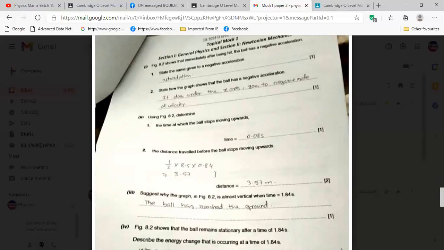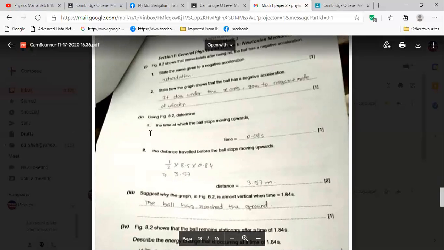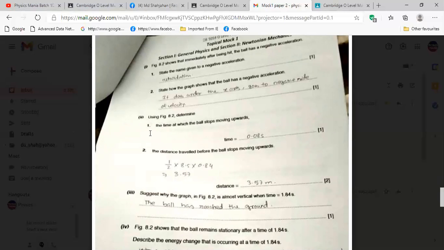Then the time at which the ball stops moving upwards, is it 0.08 seconds? Okay, look, listen. If it is moving upwards, at one stage it will stop, right, and then return back.